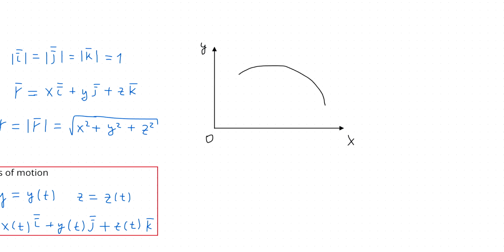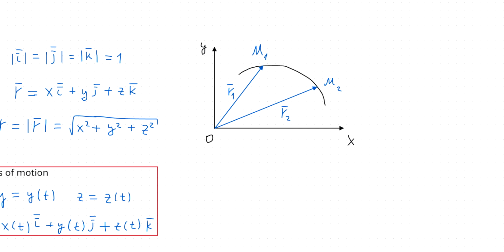It will look like this, and let's define the initial position with radius vector r1. r1 is the initial position, m1, and the final position is r2. r2 is the final position of the material point. The final position we will assign as m2.